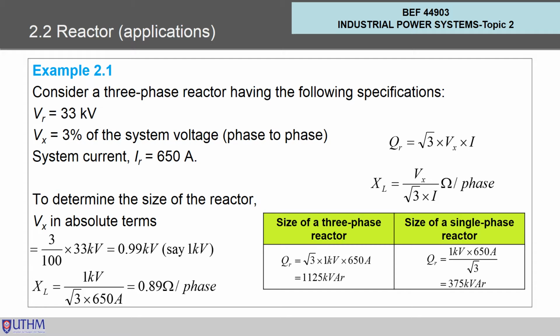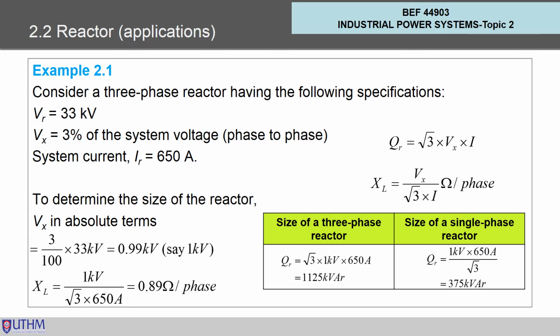Here is example 2.1 for reactor applications. Consider a 3-phase reactor having the following specifications. VR is equal to 33 kV, and Vx is equal to 3% of the system voltage, which is phase to phase for a 3-phase system, and the system current is 650 amp.